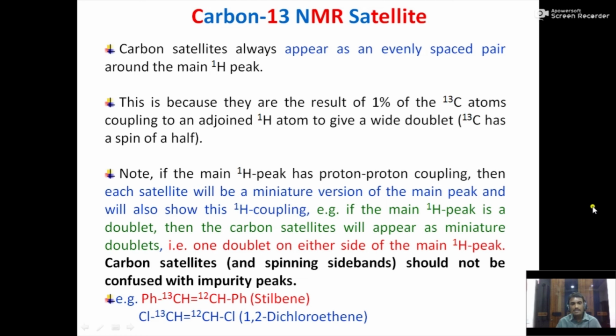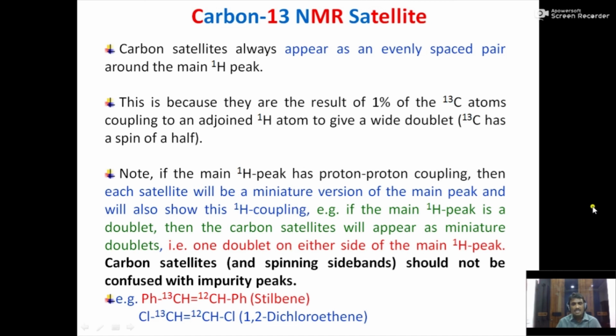Carbon satellites and spinning side bands: we have seen that the NMR tube is spinning. Spinning side bands are because of that spinning of the NMR tube. These carbon satellite peaks and spinning side bands should not be confused with impurity peaks. You might think that these are impurity peaks. No, they may be carbon-13 NMR satellite peaks, or they may be spinning side band peaks.